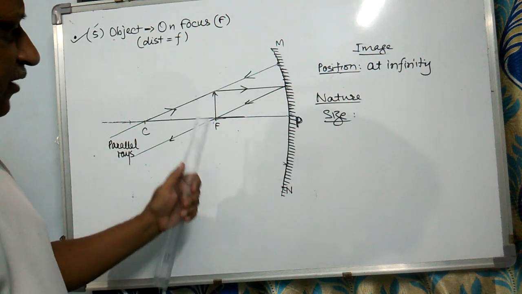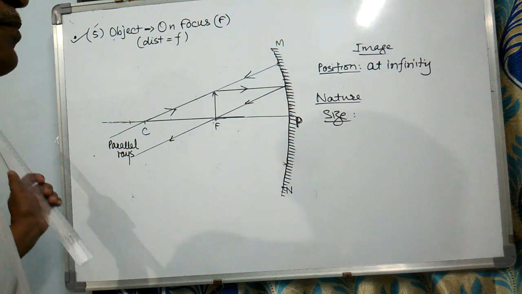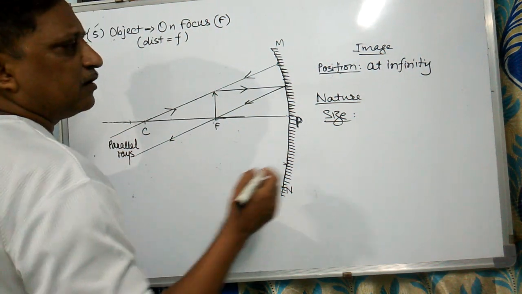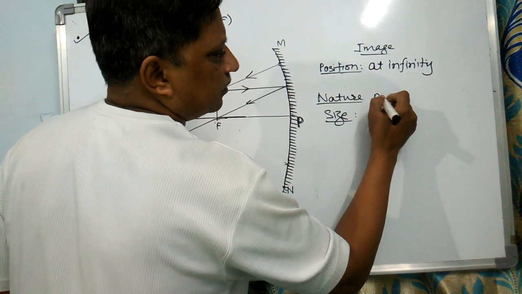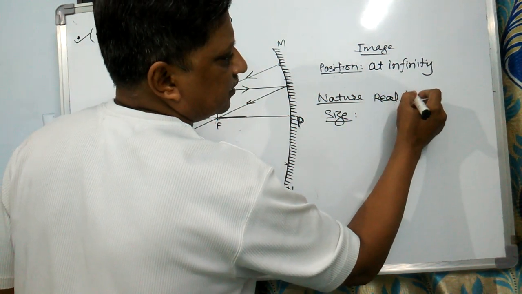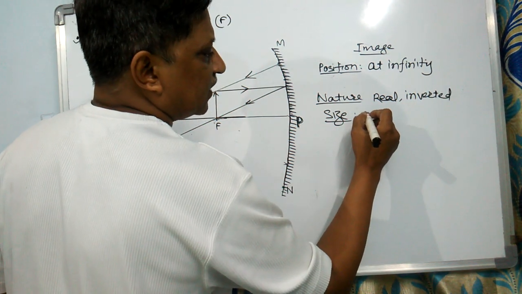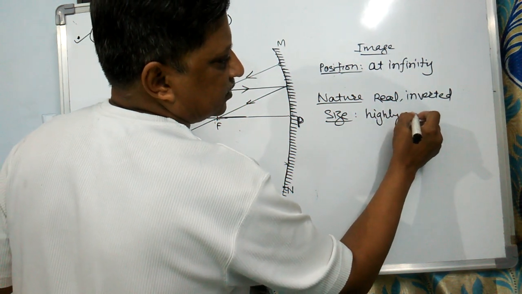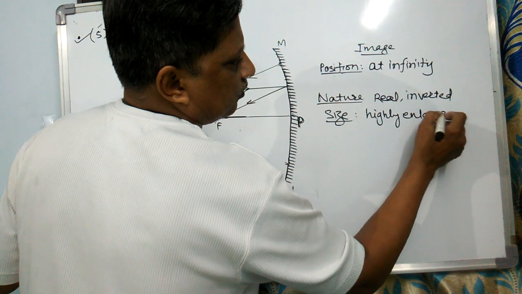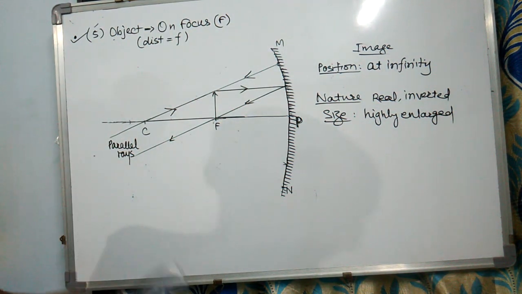Exactly opposite to this, if the object is on focus, then its image is obtained at infinity. Nature: it is in front of the mirror, so it is real, and a real image is always inverted. Size: highly enlarged or highly magnified, because it is bigger than the object, so it is called highly magnified.